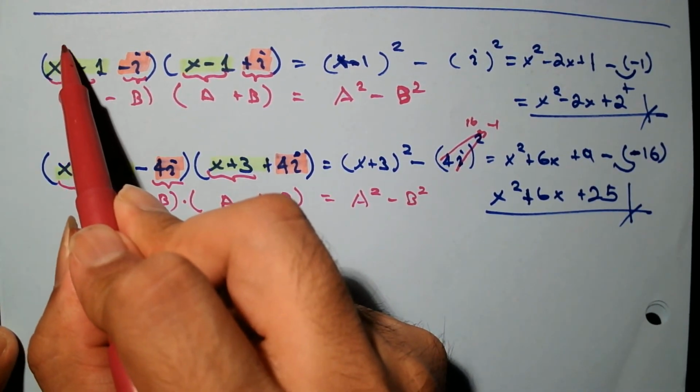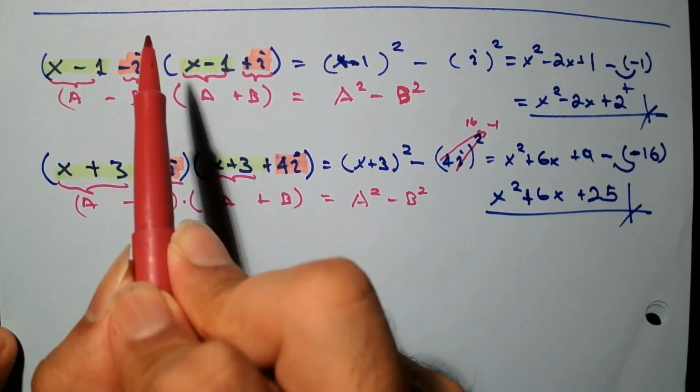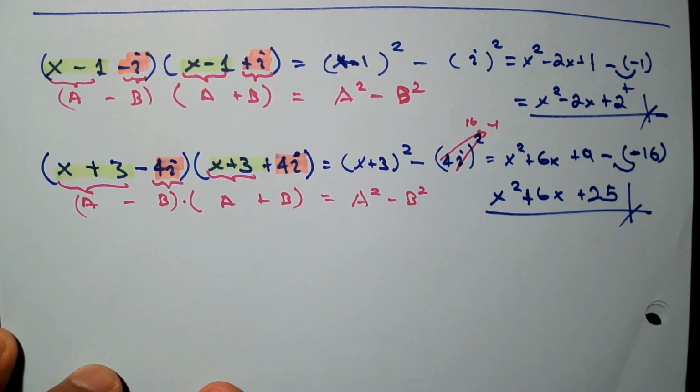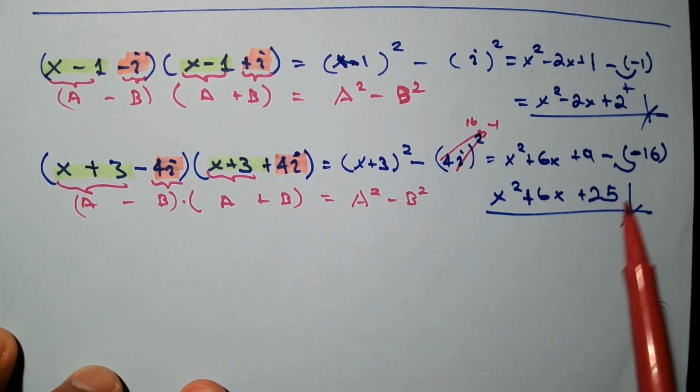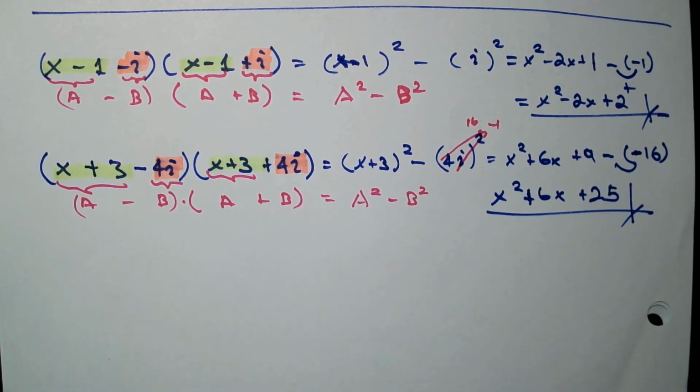And yes, your first thinking will be, oh, foil this and do this process 9 times. Yes, it's doable. You will be able to do it. However, it's going to take forever. So I would take advantage again of this difference of squares form. Okay, so now after looking at these examples, we're ready for the next section.